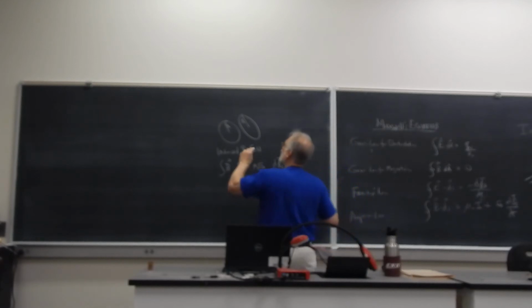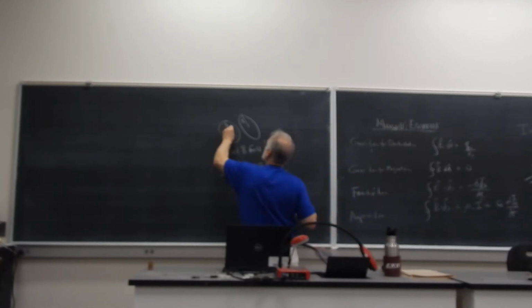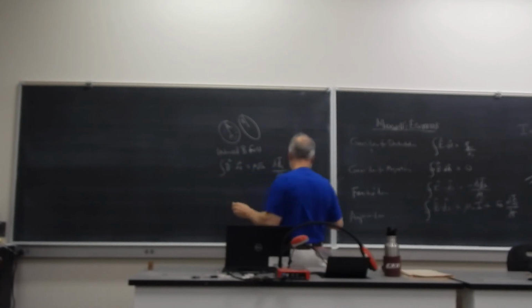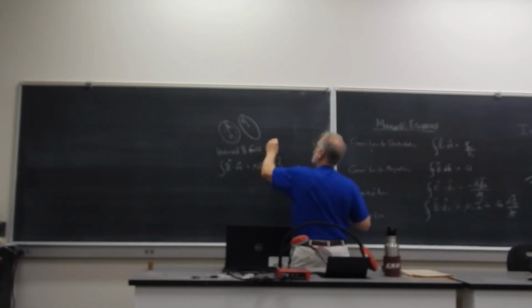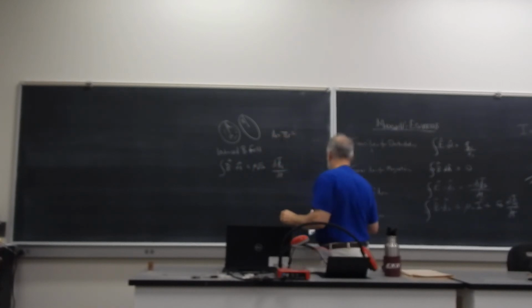Let's look for little r less than capital R at first. That being the case, I'm only encompassing area of pi little r squared.